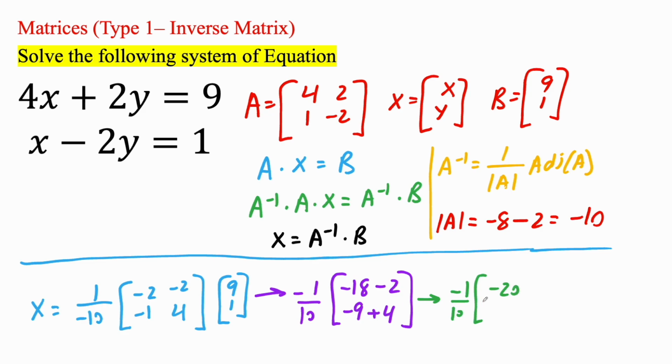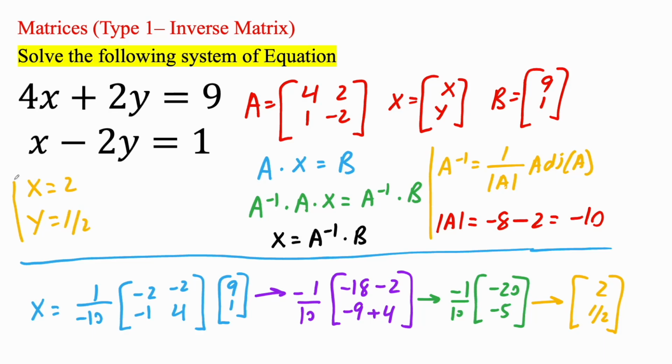Negative 9 plus 4 will give us negative 5. And negative 1/10 times negative 20 will give us 2. Likewise, negative 1/10 times negative 5 will give us 1/2. And so this 2 corresponds to X, 1/2 corresponds to Y. So our final answer is X is equal to 2 and Y is equal to 1/2.